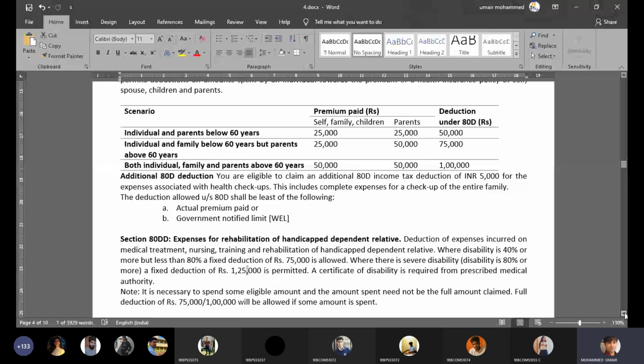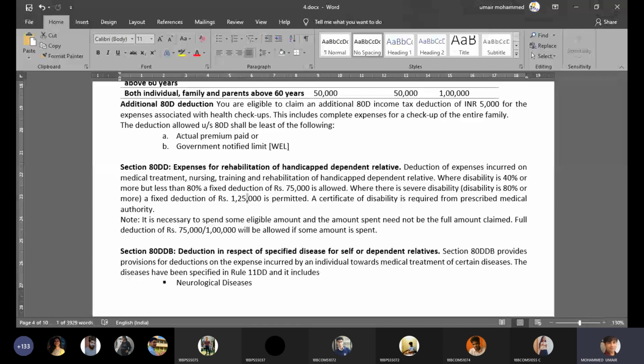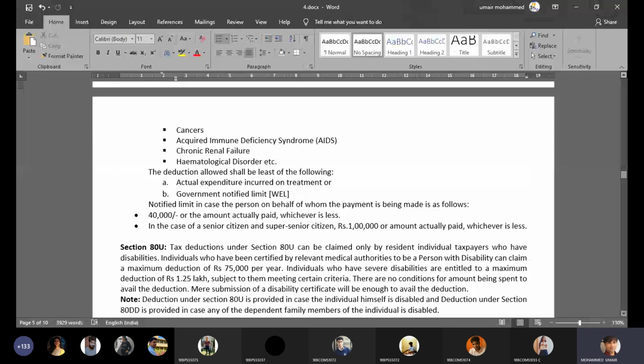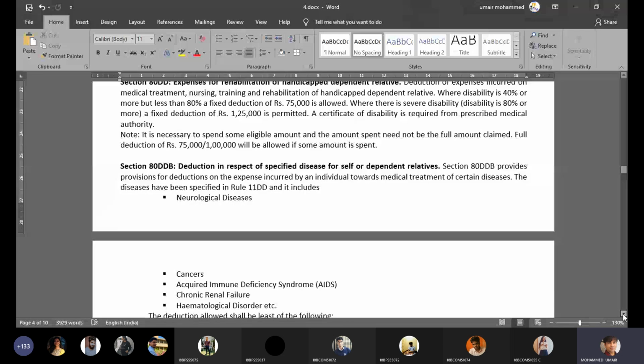In case the assessee or his dependent relatives have any of these diseases, and the assessee has incurred any expense for giving medical treatment of these diseases, then the assessee can claim the expenditure. What is the expenditure he can claim? 40,000 if it is a non-senior citizen. And in case of a senior citizen and super senior citizen, the assessee can claim 1 lakh.